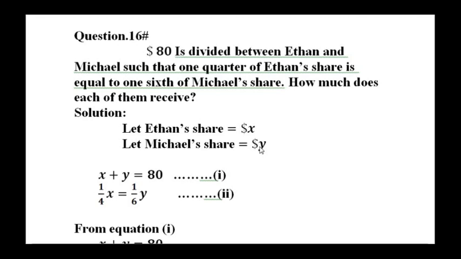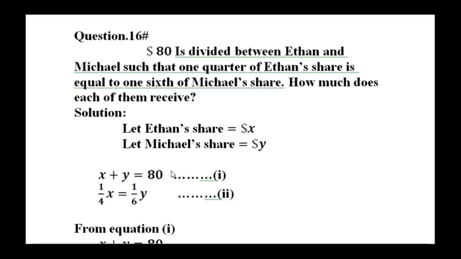Since $80 is divided among Ethan and Michael, we can write the equation as x + y = 80. Additionally, 1/4 of Ethan's share is equal to 1/6 of Michael's share. Therefore, we can write the equation 1/4 x = 1/6 y. I'll label these two equations as equation 1 and 2.